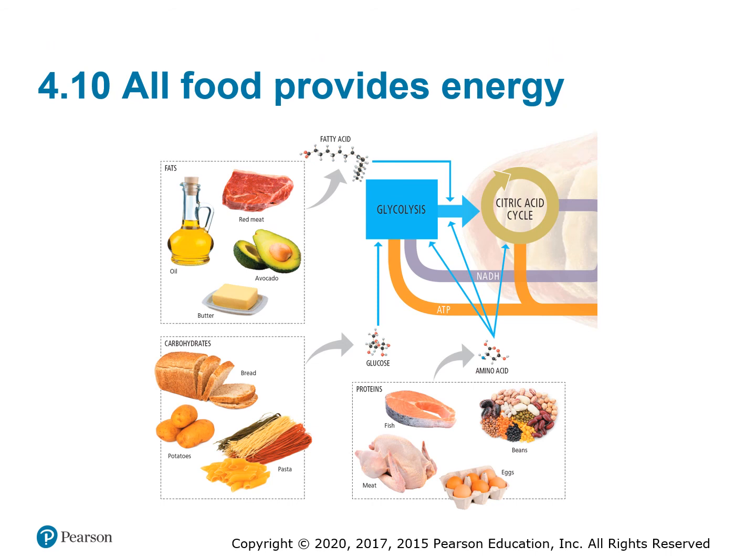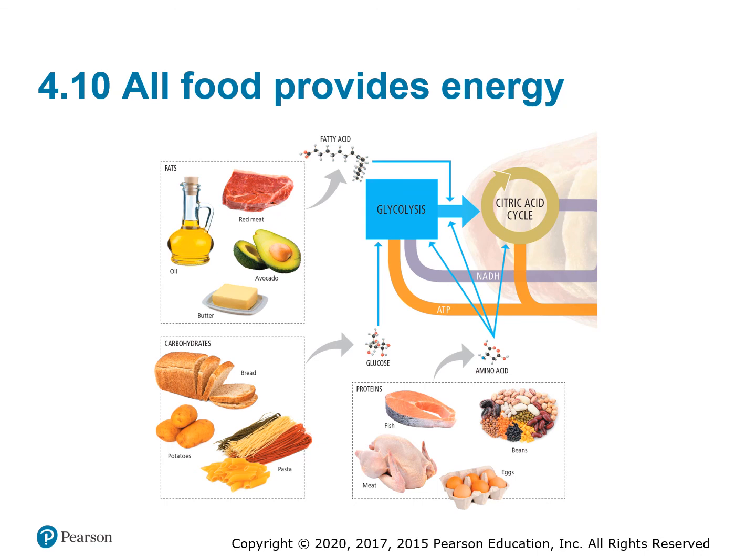So just remember, all food provides energy. Whether it's fats or carbohydrates or proteins, all of these can be broken down. All of them contain potential energy in the form of chemical bonds that can be broken. Energy is released, and that energy, through the process of cellular respiration, can be used to make ATP that can do the work of the cell.